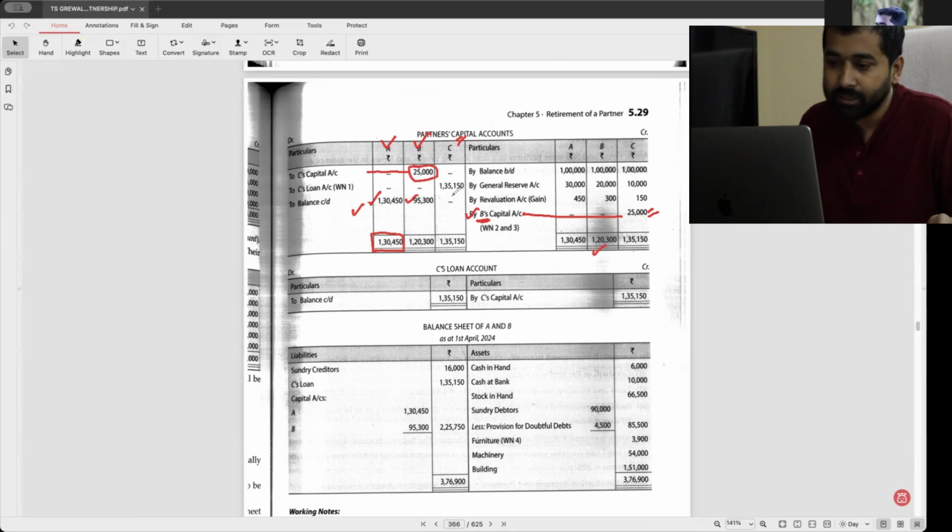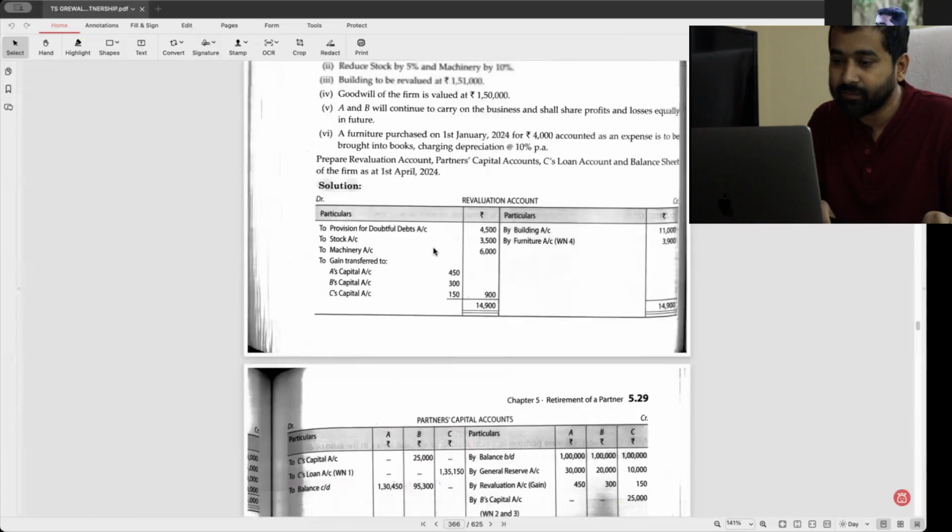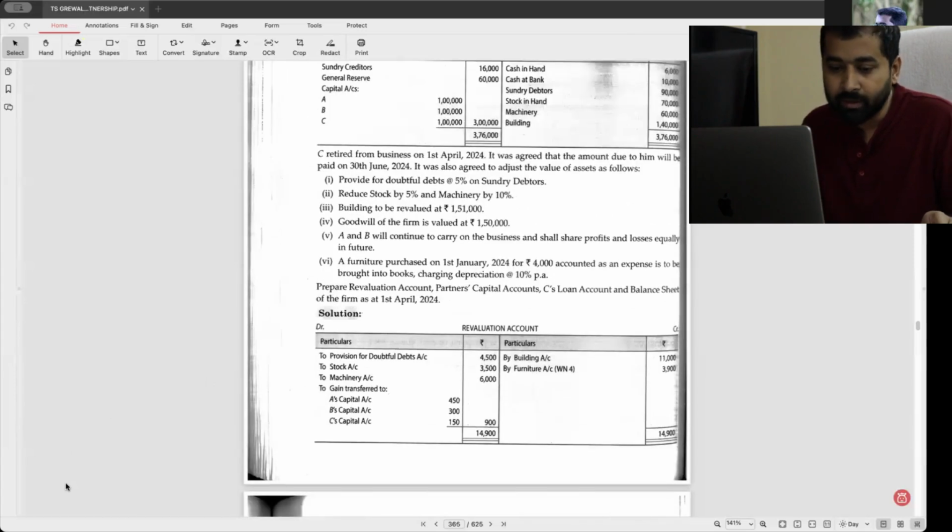And for C we are not writing balance carried down; we are writing C's loan account, the direct amount 1,35,150. This amount, if you do not forget, is not being paid at that moment. They are paying on 30th June 2024.